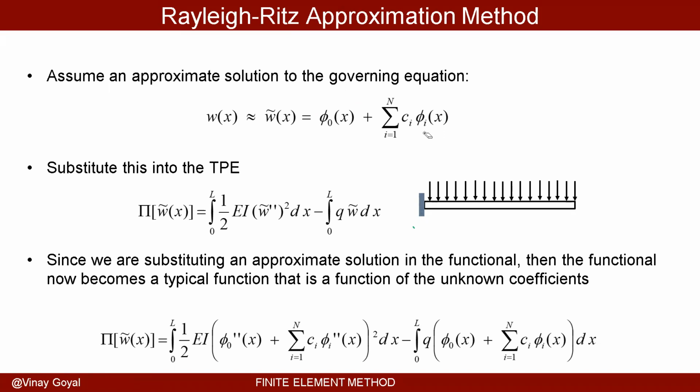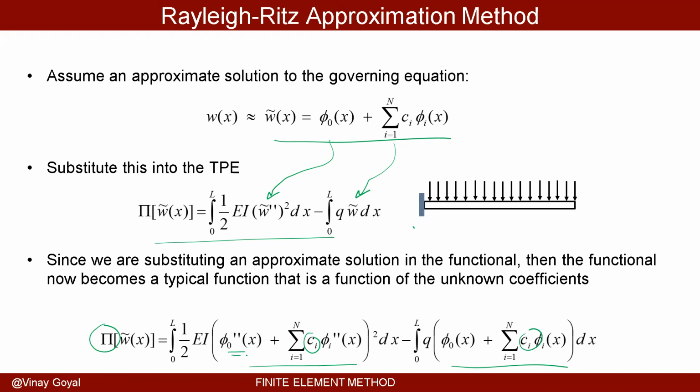I'll substitute this into, say I have this beam under a distributed load. The total potential energy for that problem is this one. If I substitute this approximation into here, I'll get this. Now notice how pi ends up a function of these c's only.